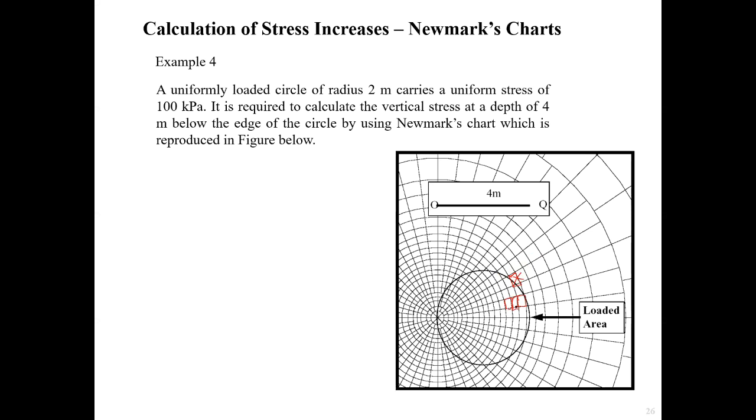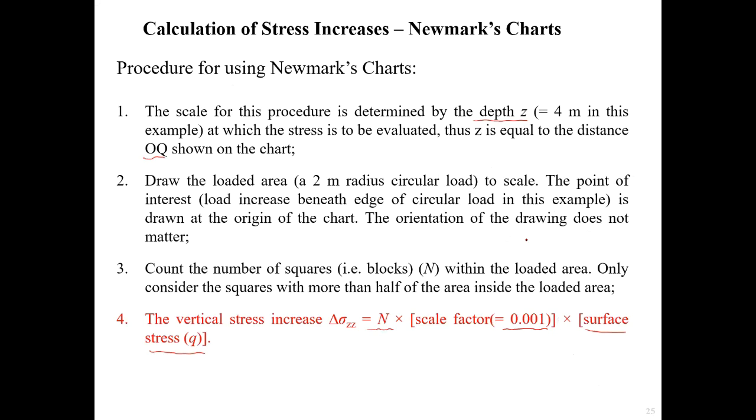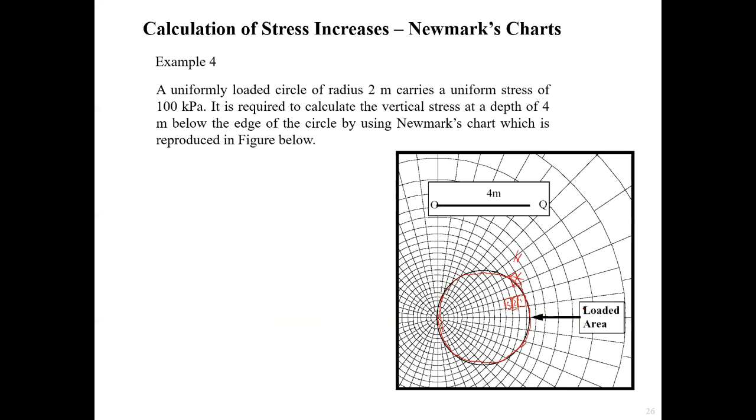We just count the effective blocks within this circular area, 1, 2, 3, and so on. That's the value of capital N. Capital N times the scale factor, normally provided, times surface stress Q gives you the vertical stress increase.